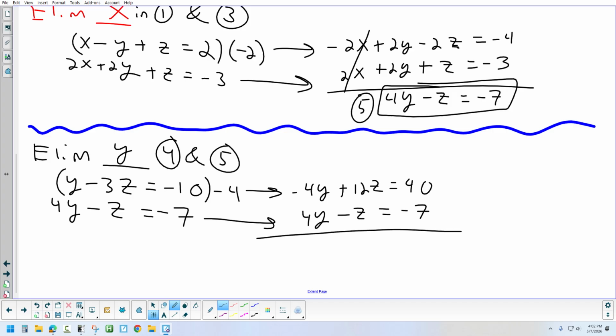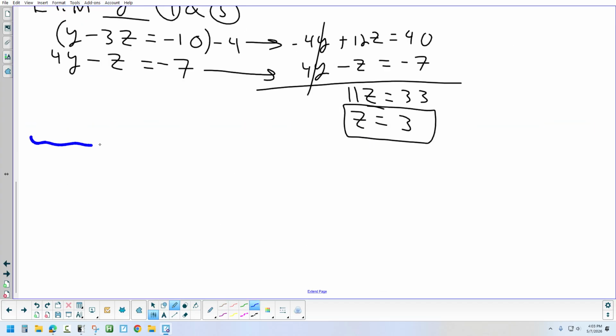And when we add our columns up here, what do we get? The y's cancel, and you get 11z equals 33. So that means z would equal 3. There we go. So there's our first answer.